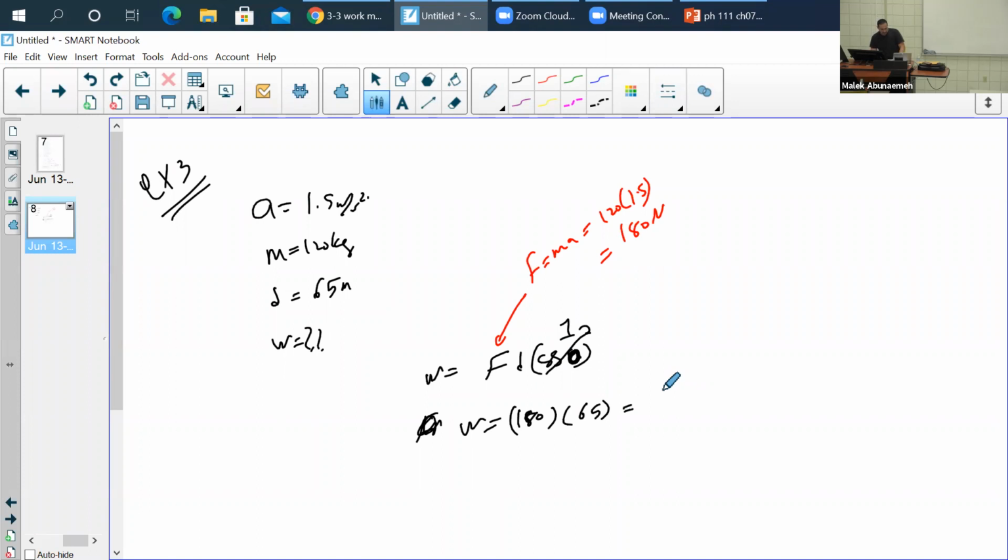So looking at this, I got 12 joules, which is going to be 1.2 times 10 to the 4th power joules.